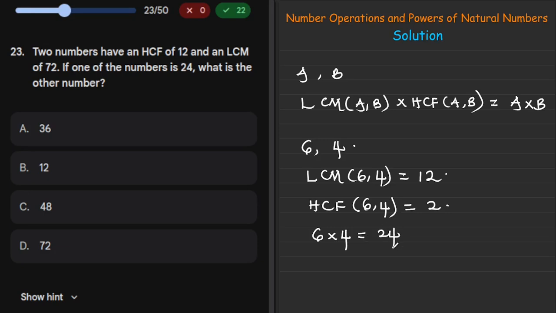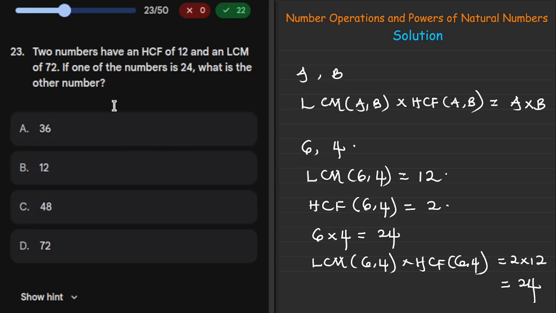It is 24. Now if you multiply the LCM of 6 and 4 by the highest common factor of 6 and 4, we get 2 times 12. And 2 times 12 gives us 24. This is the idea we are going to employ to solve this question.